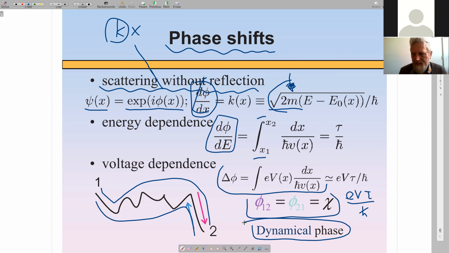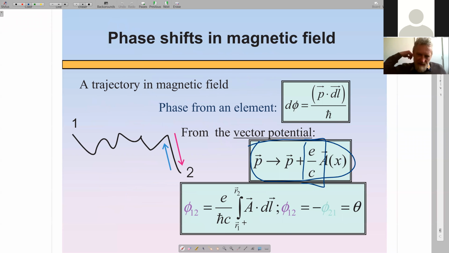Fine. And that's a very interesting alternative way to get phase shifts. Those are phase shifts which are acquired when charged particles propagate in a magnetic field.